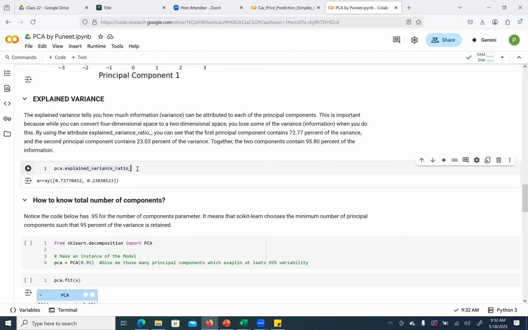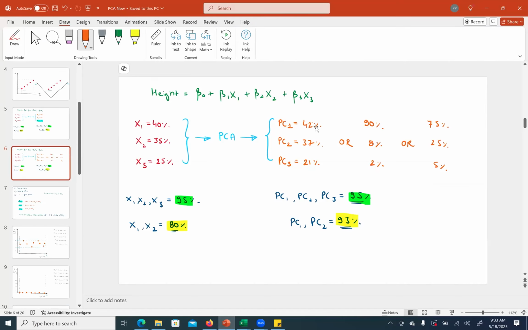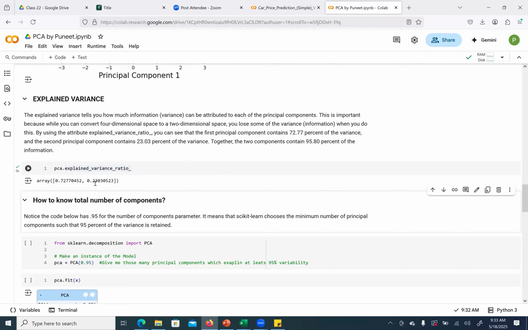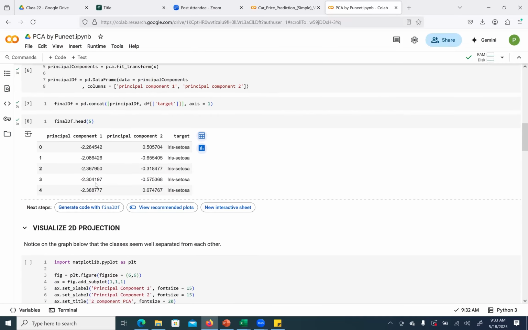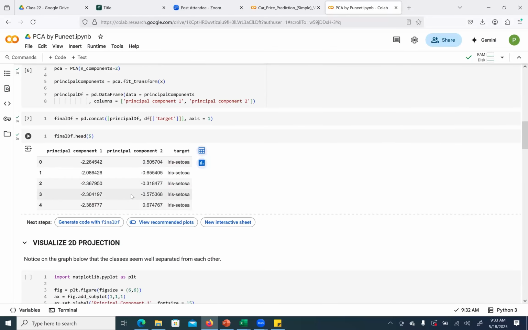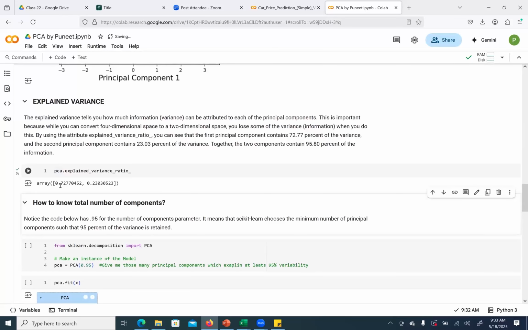Let's discuss this part first. Now, when I'm running this, it is telling me how much each principal component is explaining the variability. Let's say this thing, 42%, 37%, 21%. This is that number. So the 2 principal components that I have created here, principal component 1 and principal component 2, together, how much are they explaining? 91%, right?